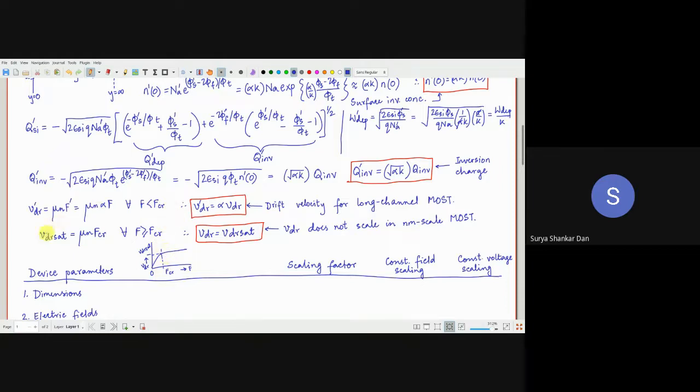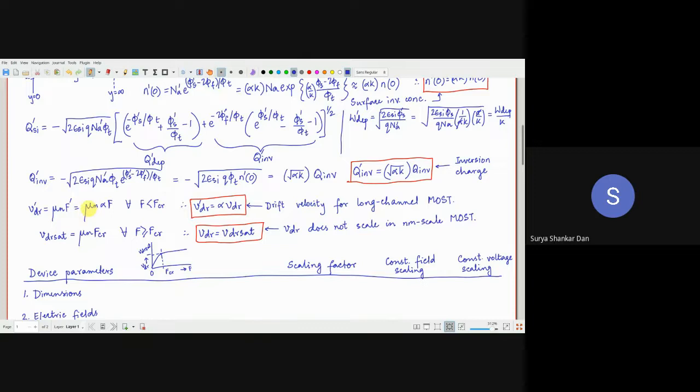So VDR is equal to mu n into the field, but that is as long as the field is less than the critical field. So that is under low field application. Low field application means the drift velocity for long channel MOSFETs. So for long channel devices, this is true. So that is the ohmic region.